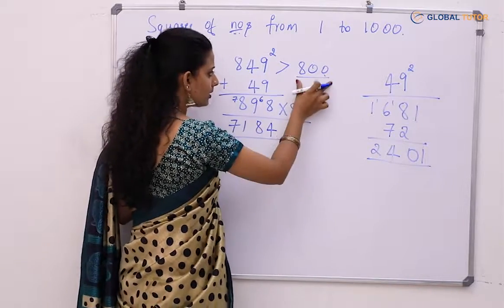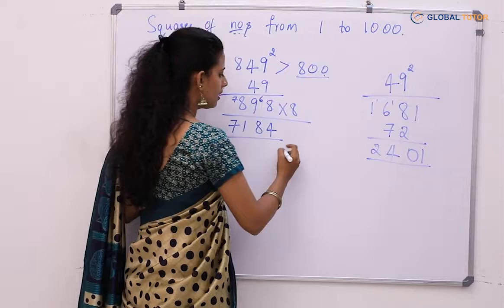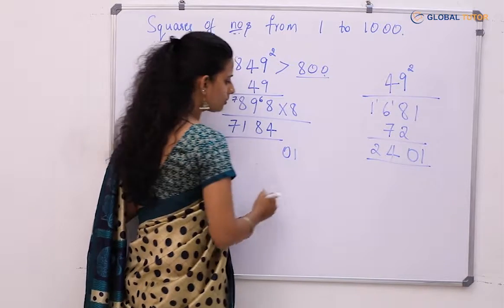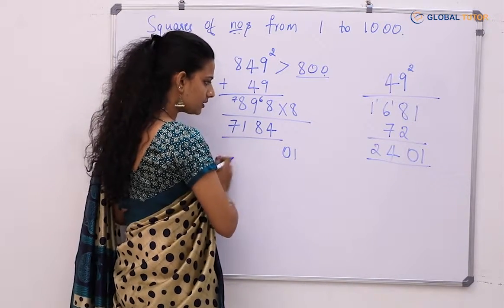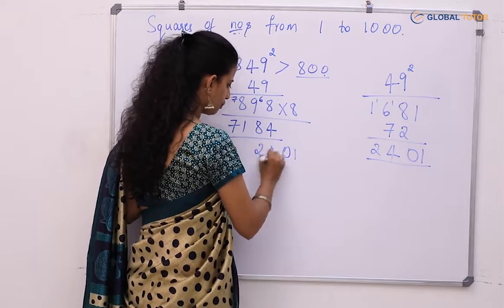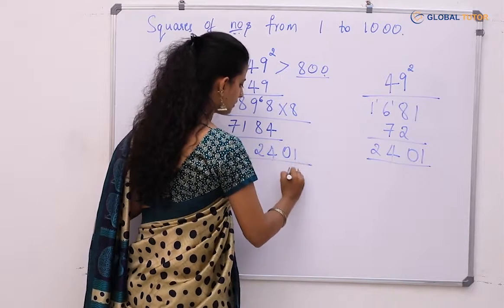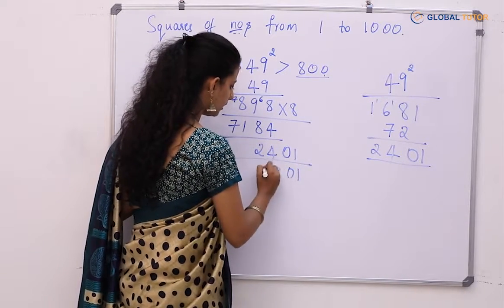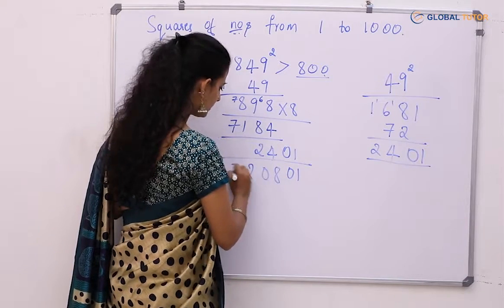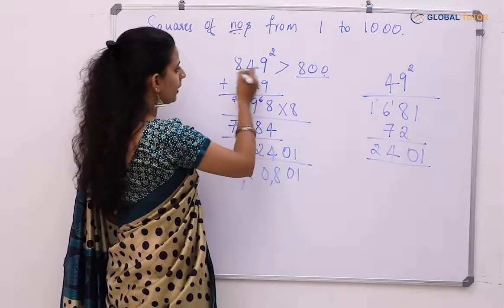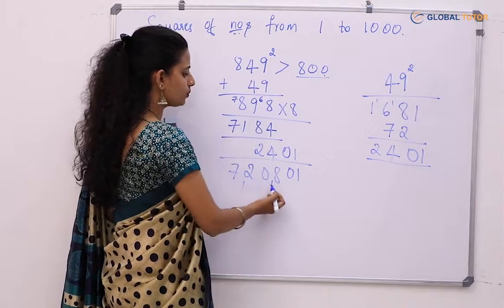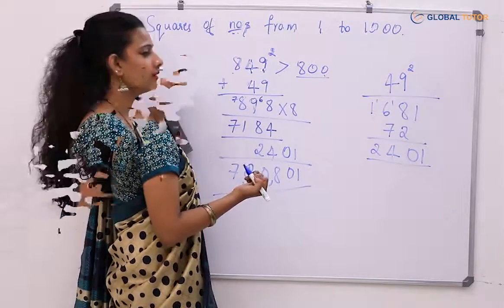Here, because the reference number is in hundreds, you have to write 2 digits outside and then the remaining digits inside. So 2 4. Then this becomes 1 0 8 0 2 7. So 849 square will be 720801.